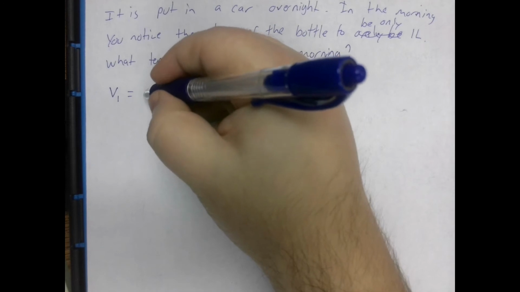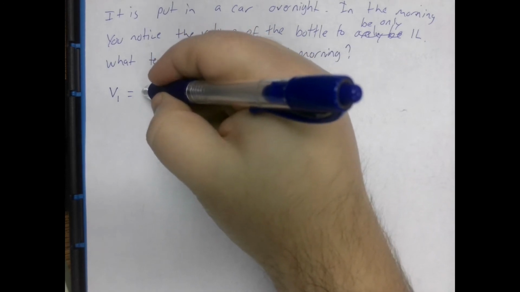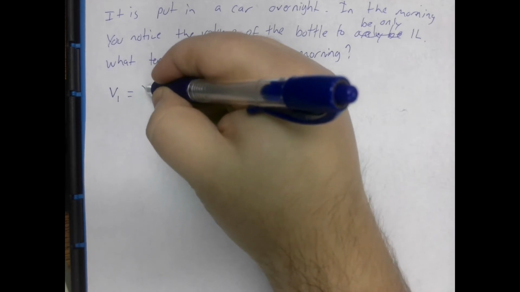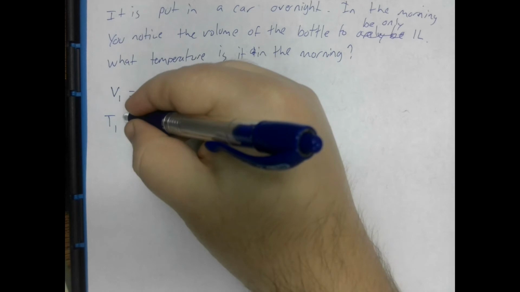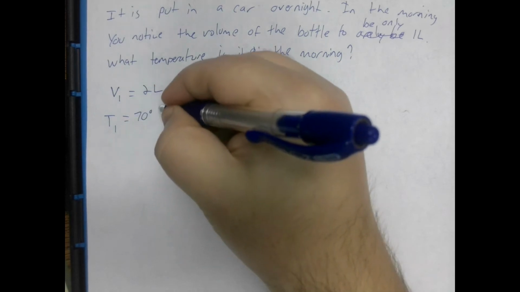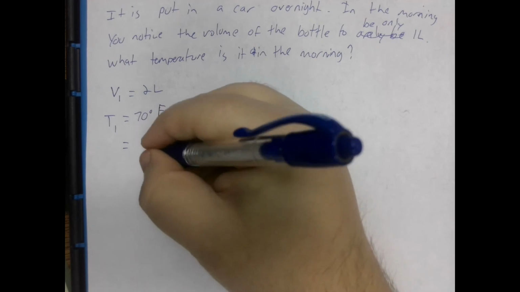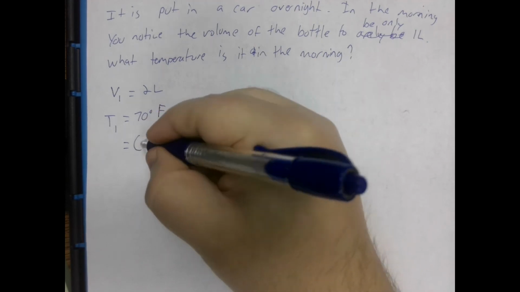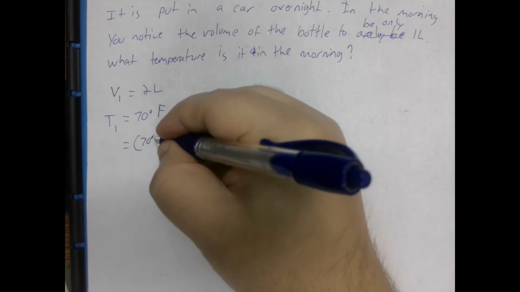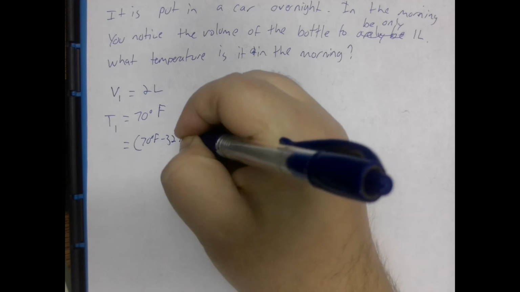Temperature in this class is always in Kelvin, unless we're looking at change in temperature, in which case you can use Kelvin or Celsius. So our initial temperature is 70 degrees Fahrenheit. We can convert this into Celsius by doing 70 degrees Fahrenheit minus 32 degrees Fahrenheit.